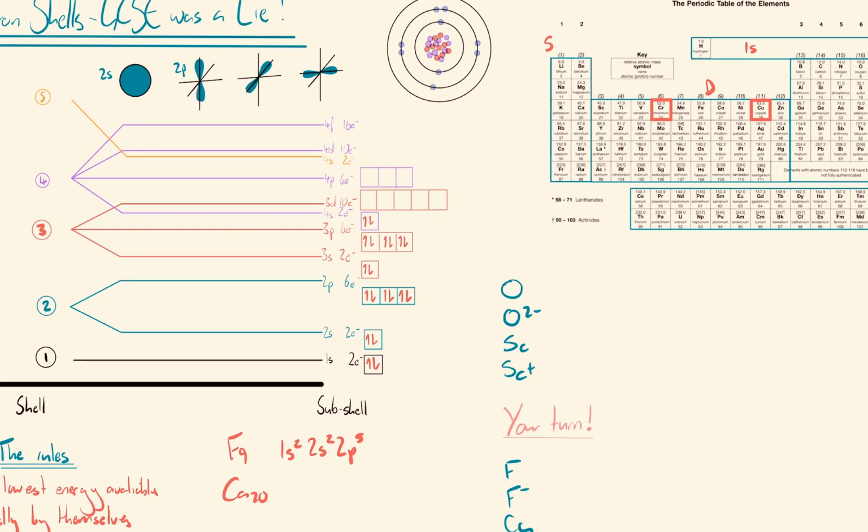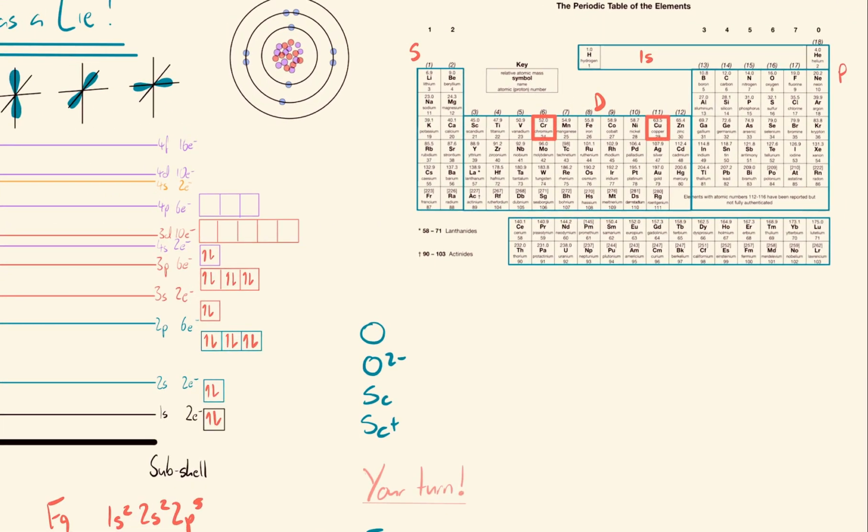So we'd write it out like so: 1s2, 2s2, 2p6, 3s2, 3p6, 4s2.